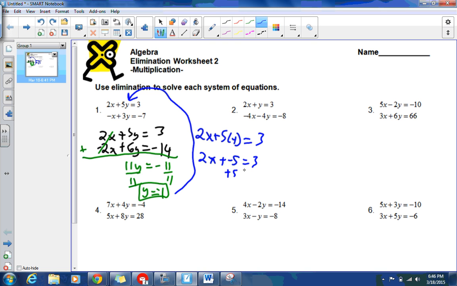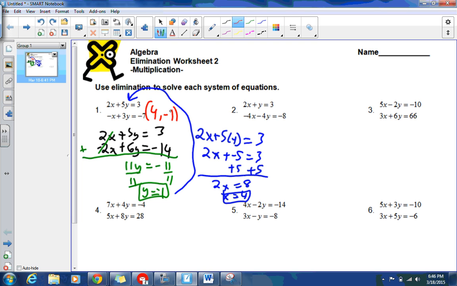Add 5 to both sides, so 2x equals 8, then divide both sides by 2 and get x equal to 4. The solution for this one is 4, negative 1. To check it, you can plug it back into both equations, and hopefully it all works out nicely. So that's number 1.